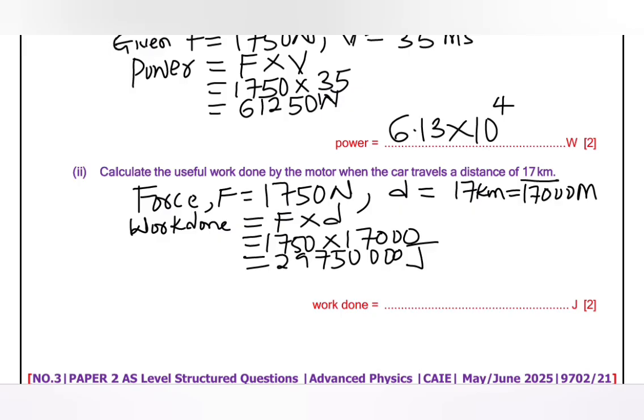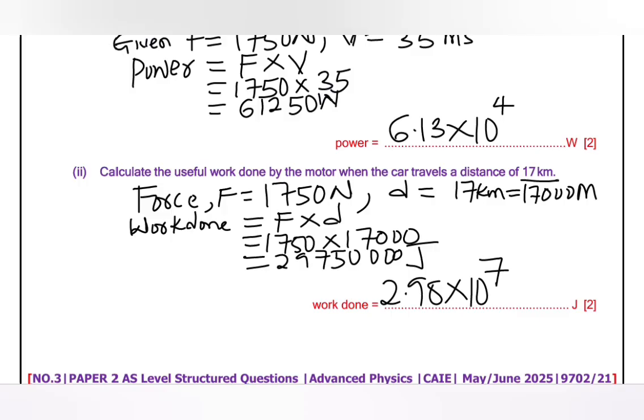Approximately, we can have this in standard form as 2.98 times 10 raised to the power of 7 joules. So that's the solution to that part of the problem for B2.